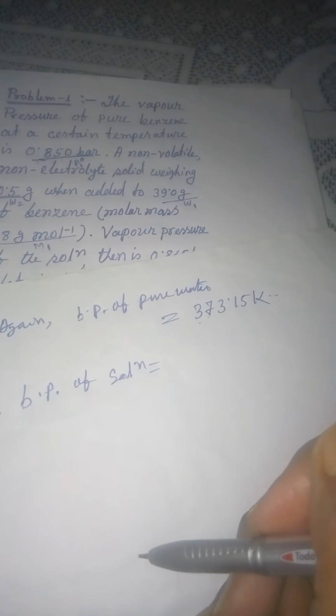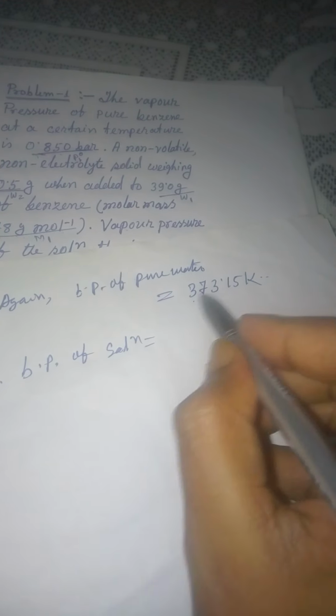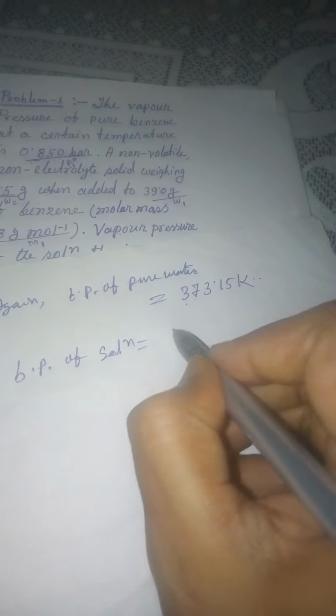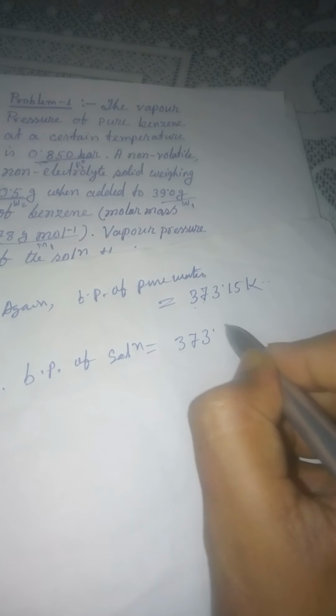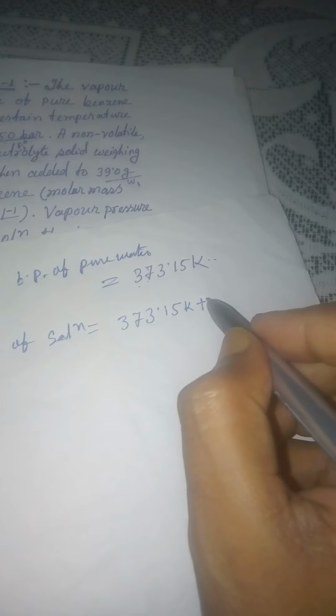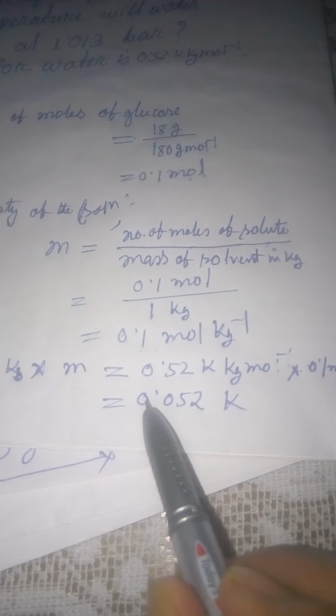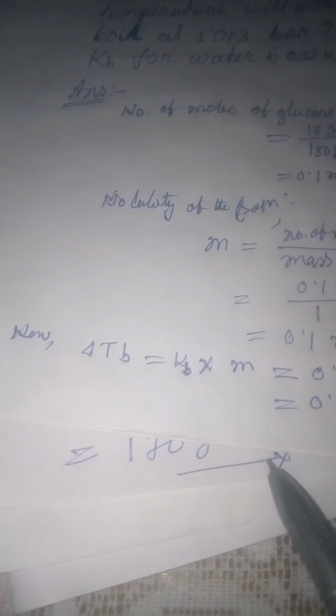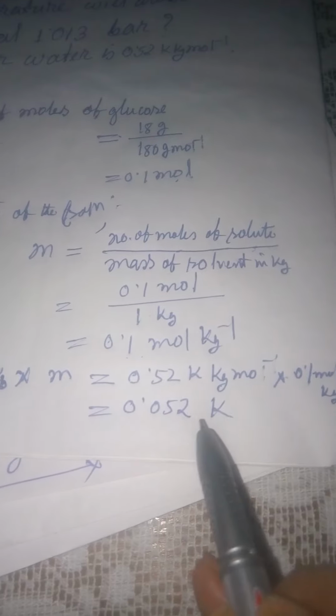So therefore the boiling point of the solution will be equal to the boiling point of pure water, 373.15 Kelvin, plus elevation of boiling point. How much is it? The elevation of boiling point delta TB is coming out 0.052 Kelvin.